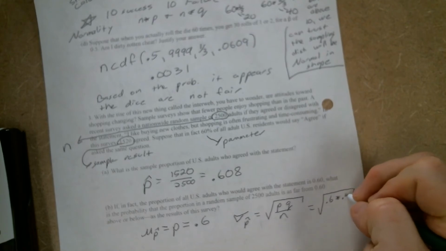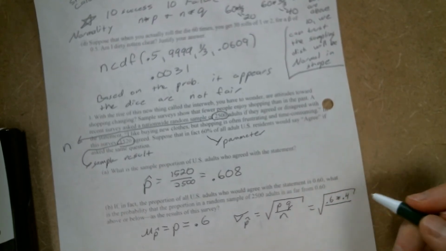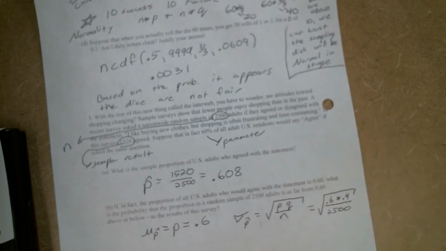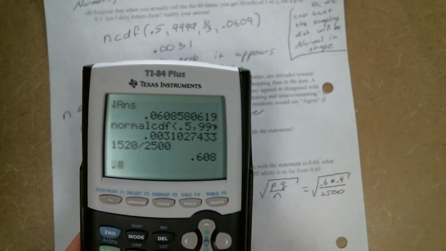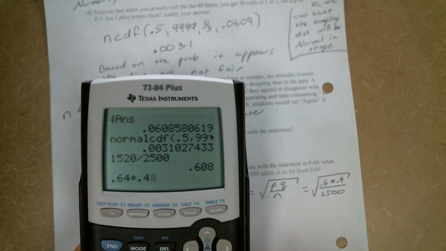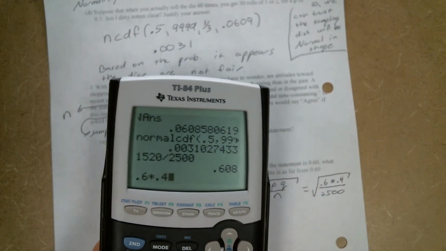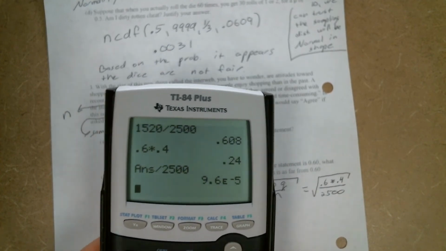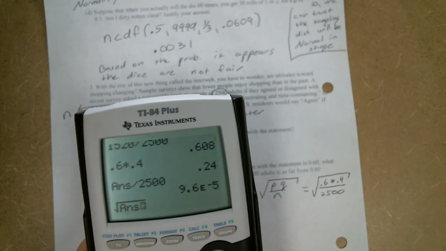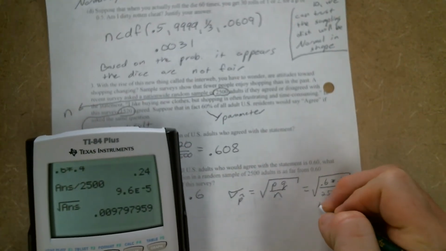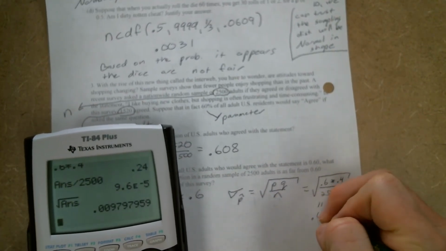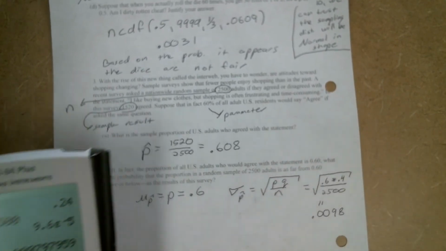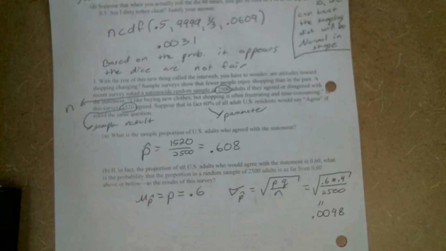We use the Q of 0.4 because those are always going to add up to 1. And our sample size was 2,500. So if we do 0.6 times 0.4, divide by 2,500, and then take the square root of that, we get a standard deviation of 0.0098.